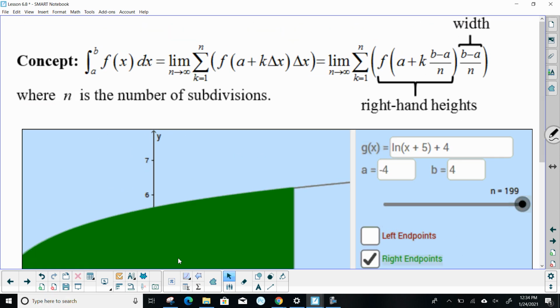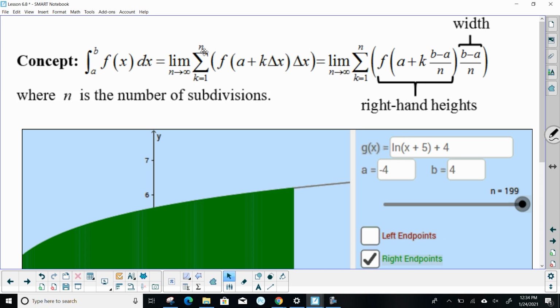If I take the number of rectangles, n, and take the limit as n goes to infinity, in other words, as that number of rectangles gets bigger and bigger, it's going to get more and more accurate. If I go to infinity, it's actually going to give me the exact area.